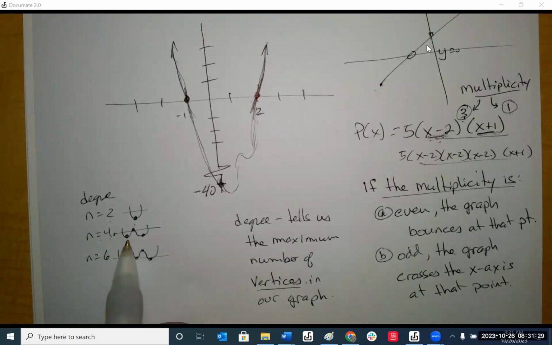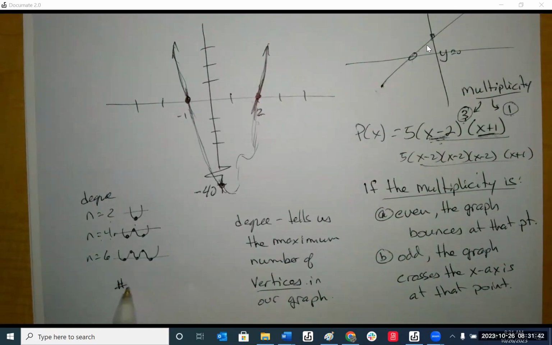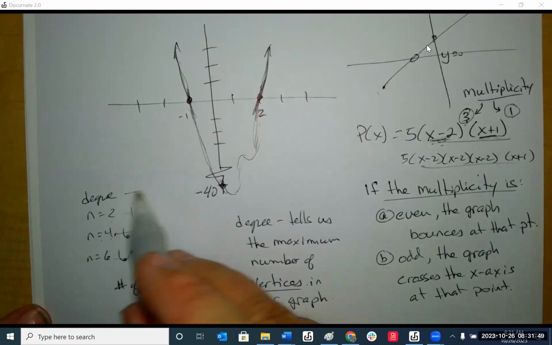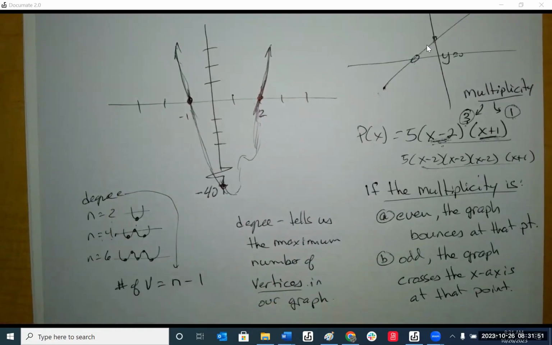When it's 4, how many do we have? When it's 6, we have. So what do we know about the degree and number of vertices? The number of vertices is equal to n minus 1, where n is the degree. So we know our graph is supposed to have 1 less than the number of x-intercepts we have.